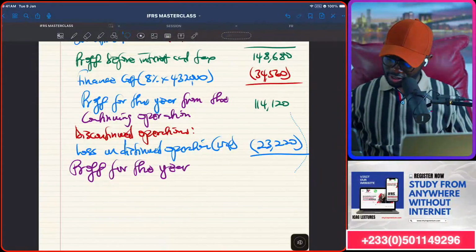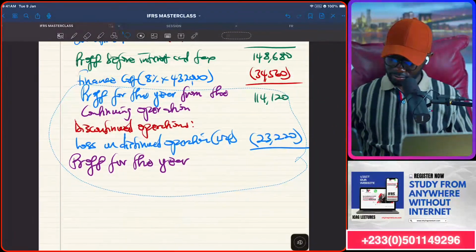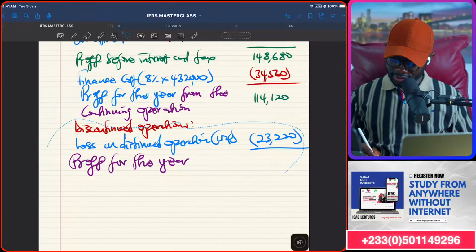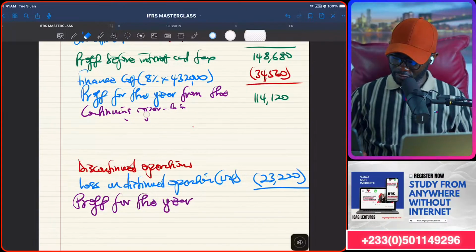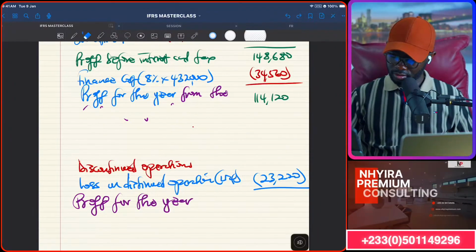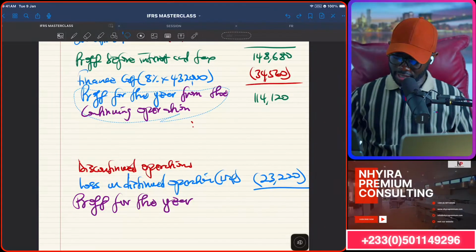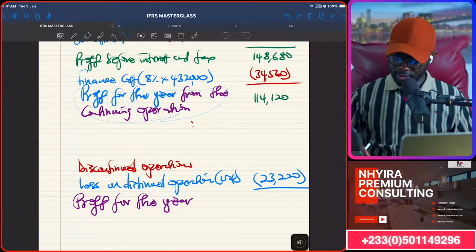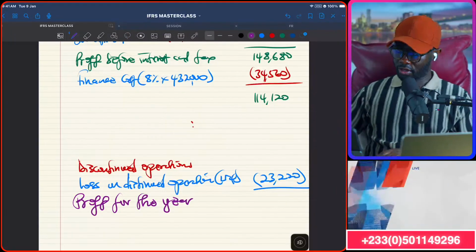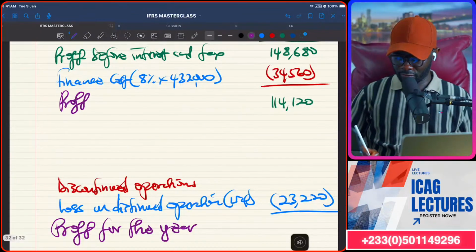So let's push this slide a little bit down so that this will be profit before tax. So let's bring that in. So this will be profit before tax.